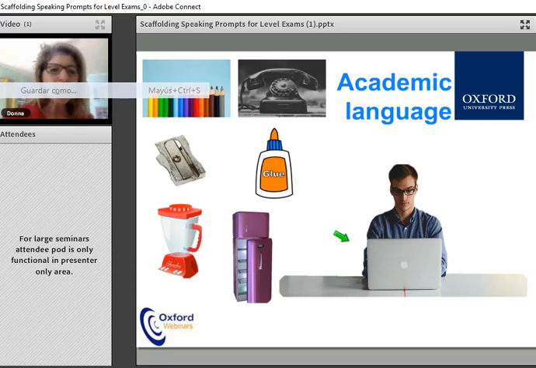If they're not comfortable verbalizing the names of these objects, they're not going to be able to say how they fit into the picture. But if we use a lot of different objects, colored pencils, glue, a mixer that doesn't fit in this picture, and help them verbalize everything they can about different objects, then they're going to be comfortable doing this. So we're scaffolding academic language so that they do this speaking part more easily. Does that make sense?